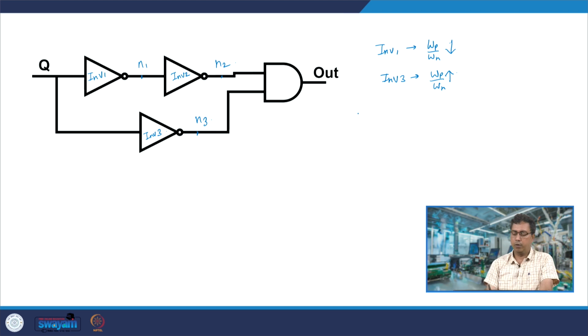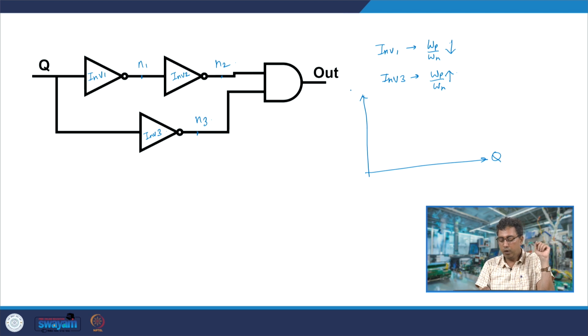Okay. So, let us see how the voltage transfer characteristics of inverter 1 and inverter 2 look like. Inverter 1. So, for N1, Wp by Wn is very small.